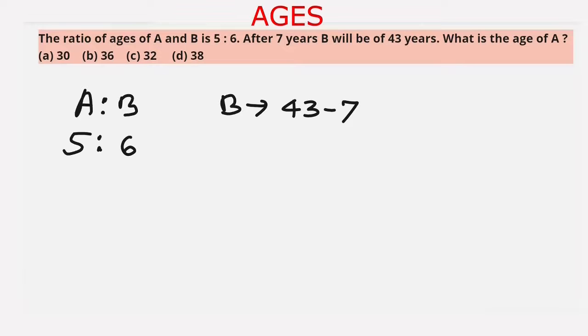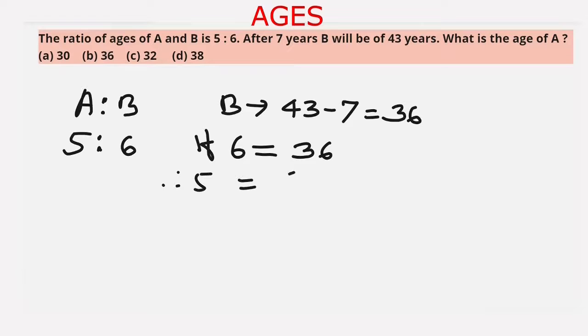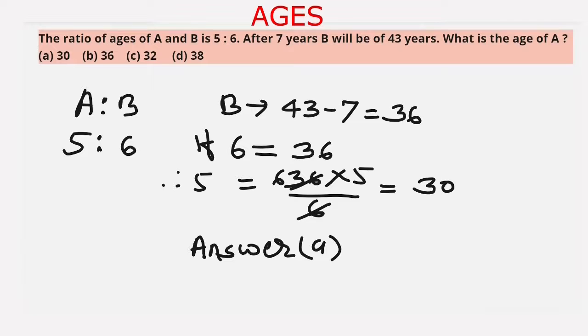So present age is 36, and if 6 parts equal 36, therefore 5 parts equal 36 multiplied by 5 divided by 6, and 6 times 6 is 36 and 6 times 5 is 30. So age of A is 30, and from the given options our answer is option A. Age of A is 30.